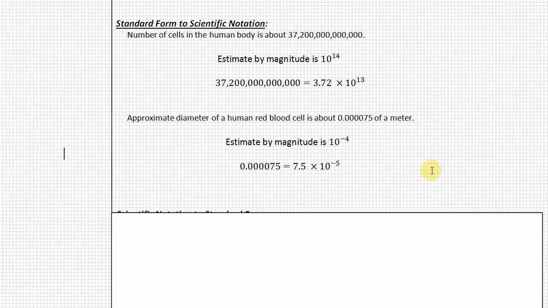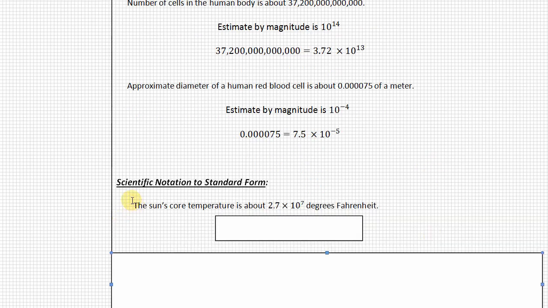Let's try a couple going the other way, where we go from scientific notation to expanding it out to standard notation. I've done a few here looking at different objects in our solar system, and so it says that the sun's core temperature is about 2.7 times 10 to the 7th power degrees Fahrenheit. So we want to take this value in scientific notation and expand it out. Well, that whole idea about place value comes in really handy, that every power of 10 moves the decimal point.